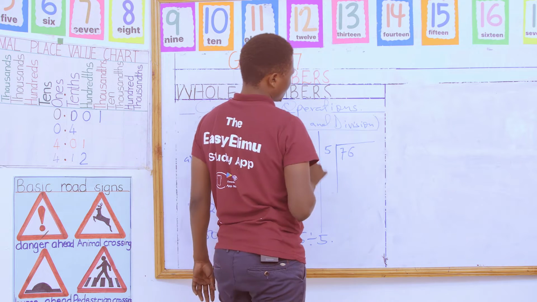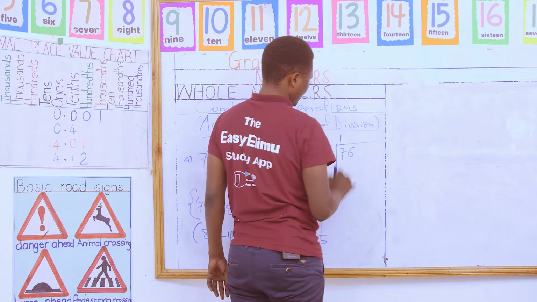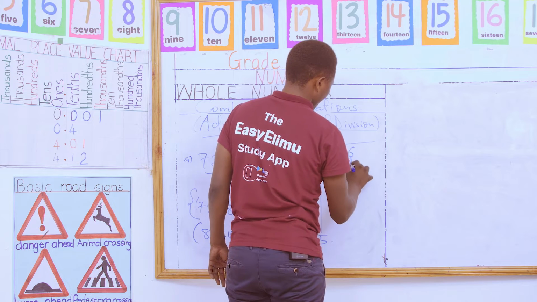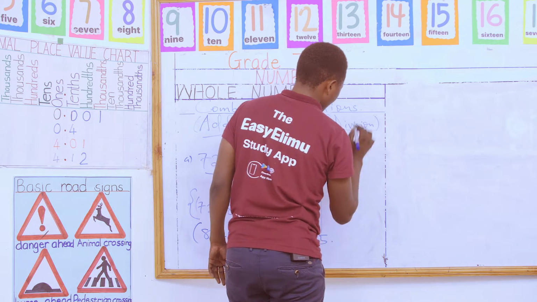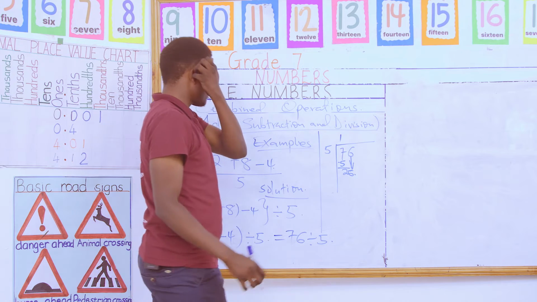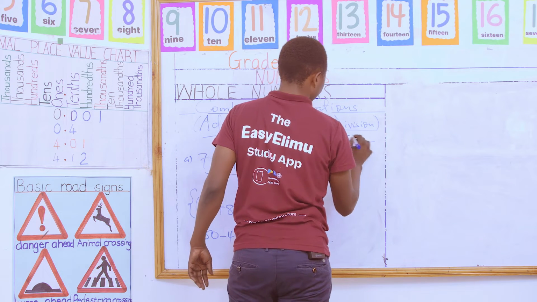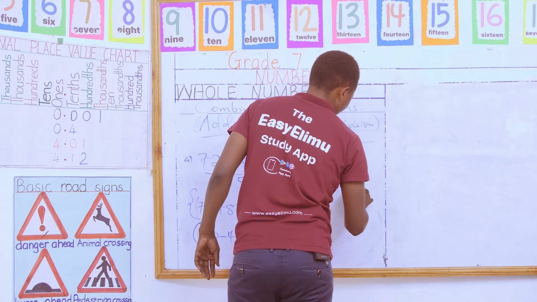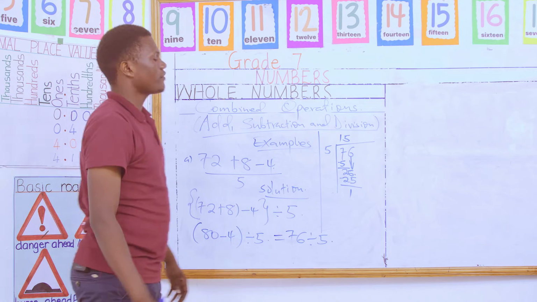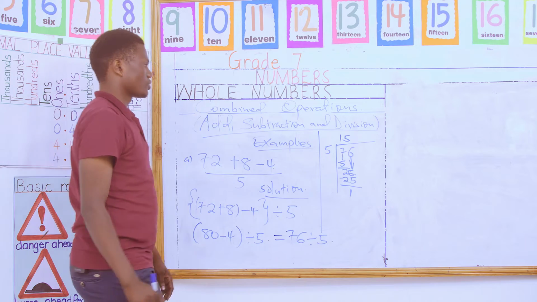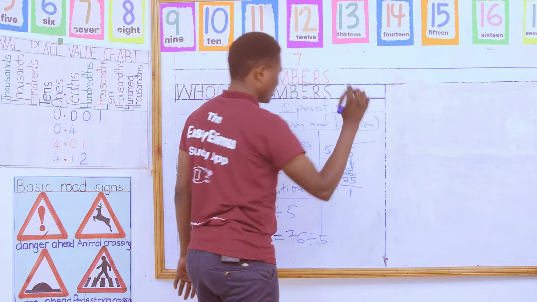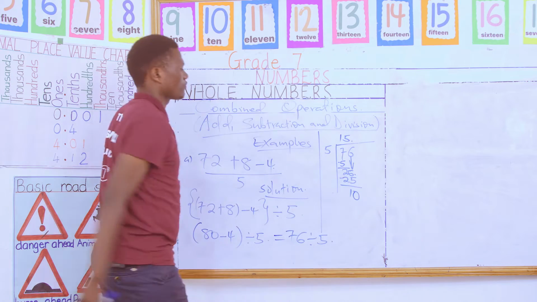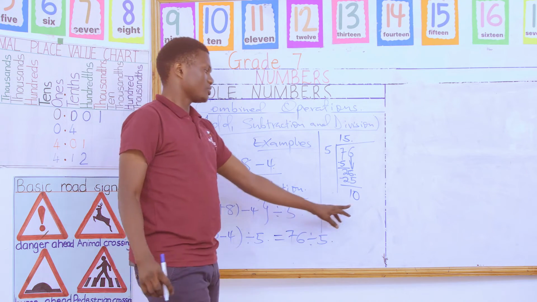So 5 goes into 7 how many times? 1 time, which gives us 5. The remainder is 2. We drop 6. 5 goes into 26 how many times? 5 times, which gives us 25. The remainder is 1. Can 5 go into 1? No. So if it can't, we put a decimal point there. Then we add 0 in front of the remainder to make it a 2-digit number.